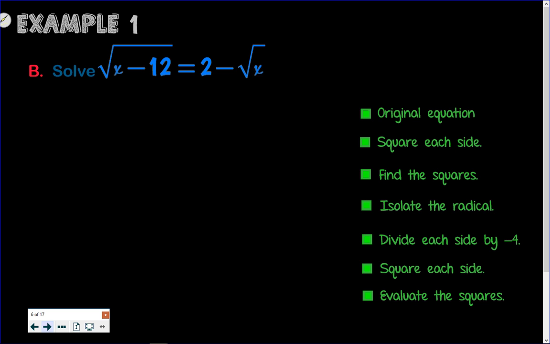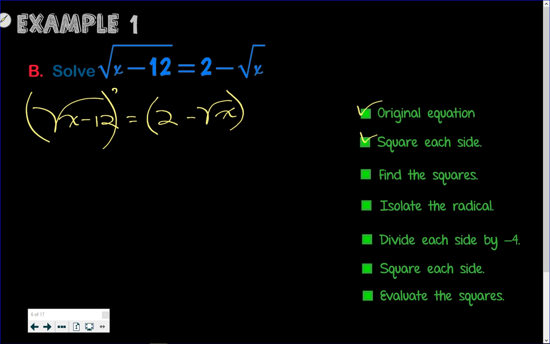So the first thing we want to do here, I'm going to write the original equation, and then I'm going to go ahead and square both sides. The whole reason I showed you why it's a binomial is so that tells you to put parentheses around it. I'm going to put parentheses here, and I'm going to square that, and I'm going to square that.